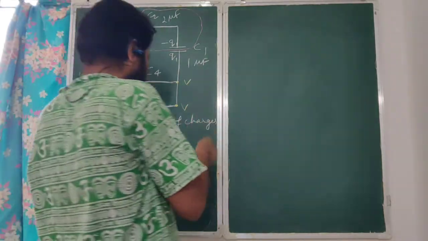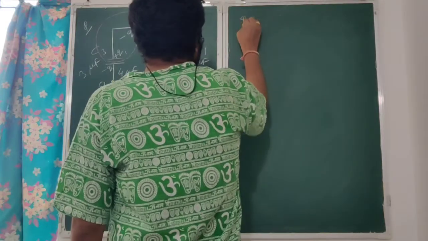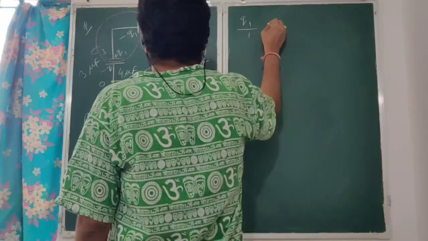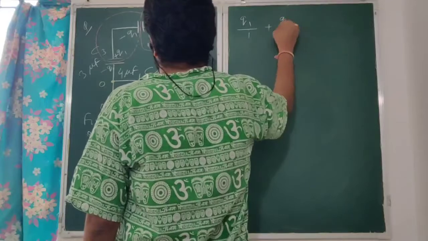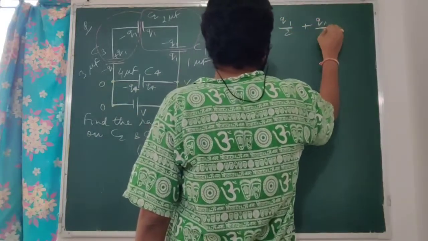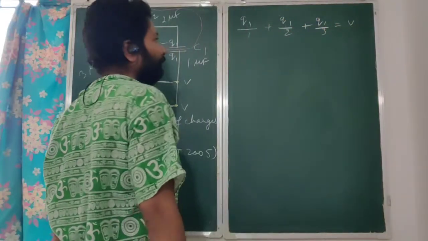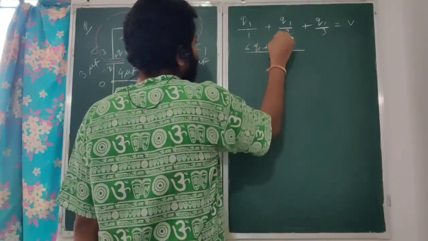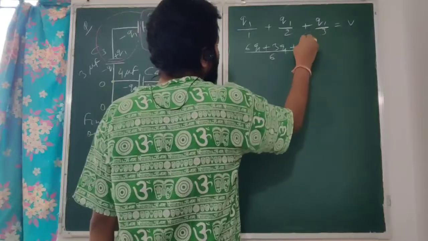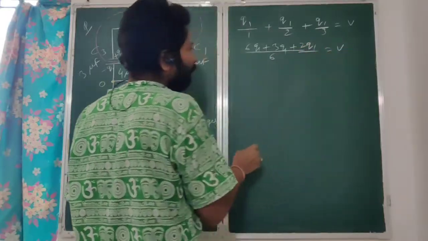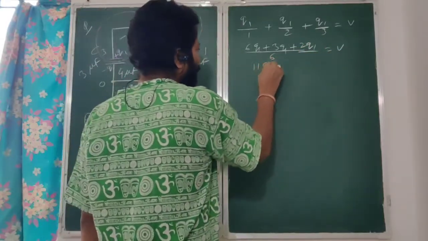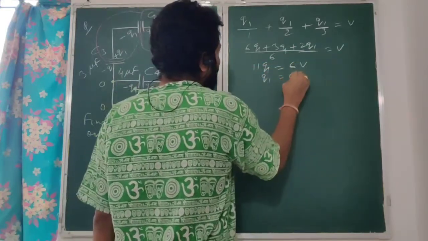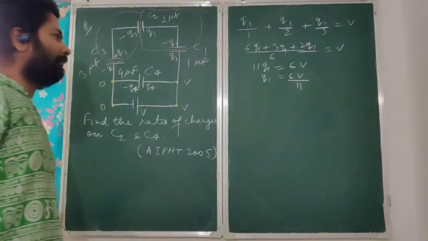So the net potential, you can write it as Q1 by 1 plus Q1 by 2 plus Q1 by 3, and this should be equal to V. So 6Q1 plus 3Q1 plus 2Q1 over 6, and this should be equal to V. So 11Q1 should be equal to 6V. So Q1 should be equal to 6V by 11.